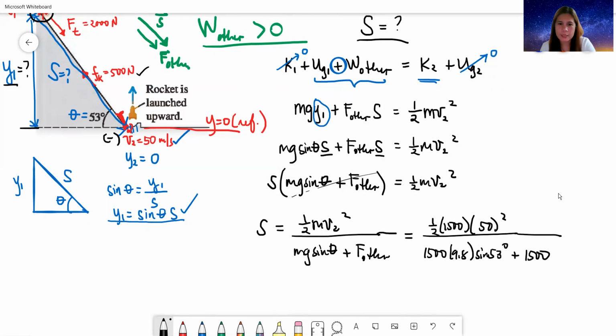So, therefore, if we simplify this, it's around 141.6. So, s, therefore, is 141.6 meters. We round this off to how many significant figures?